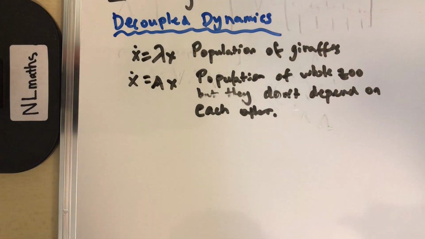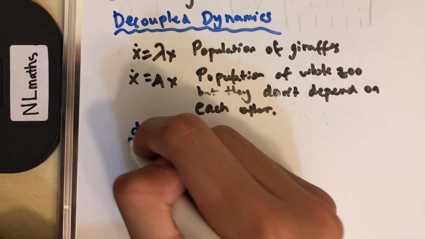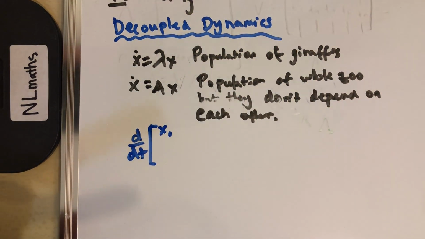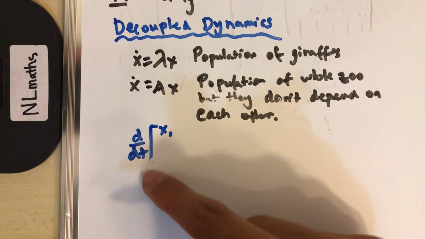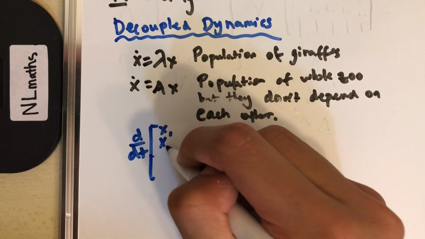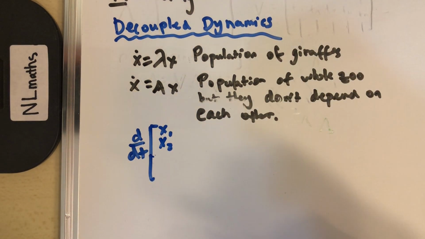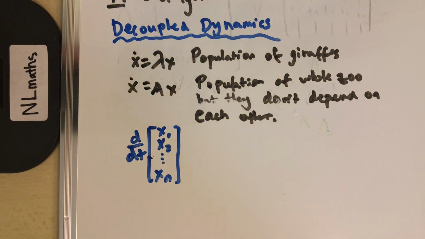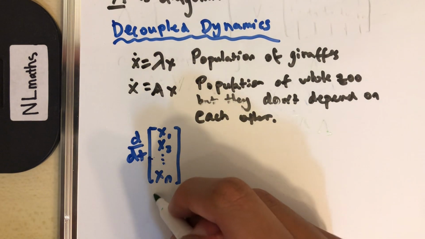Okay, so, good. We have d by dt. And let's say perhaps we do the same method. x1 would be the population of giraffes, x2 the population of bunnies, until xn. And this, of course, is our x matrix.